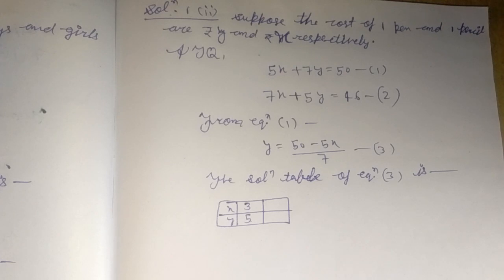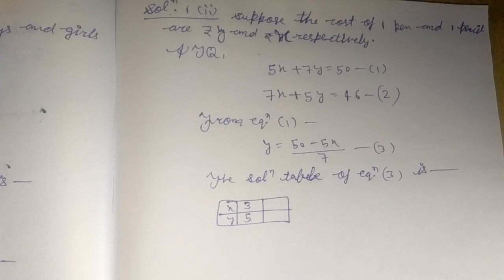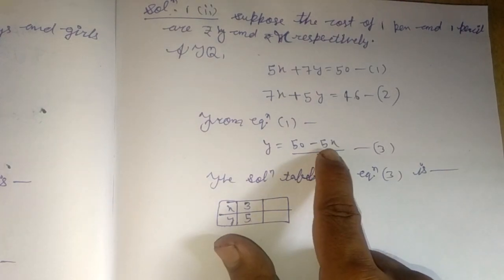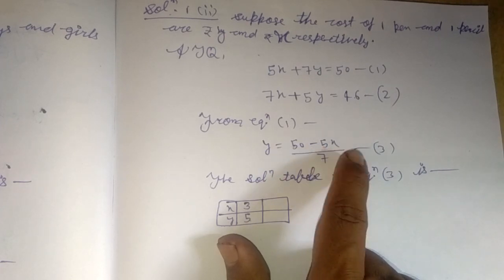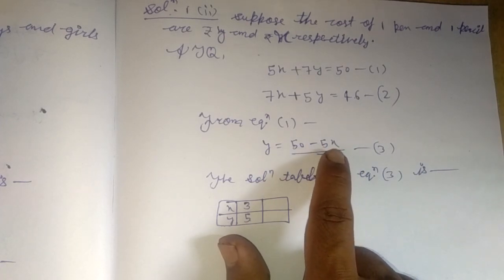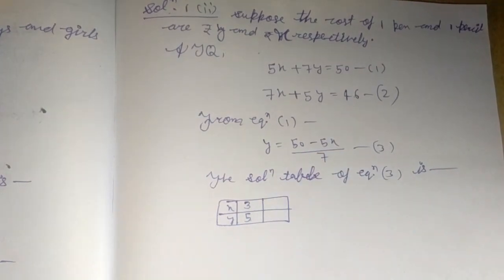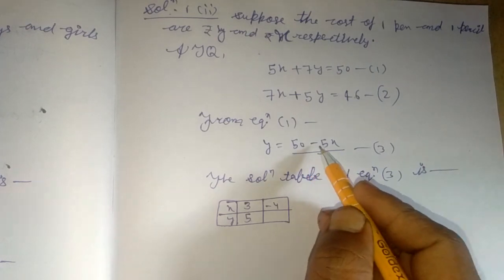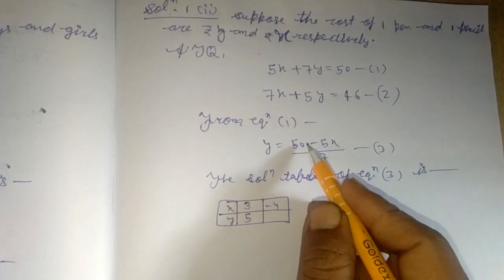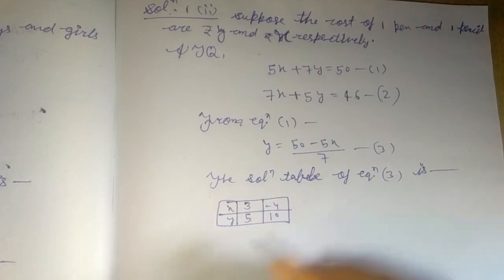Now put x is equal to -1, you will get 45. For x is equal to -2, 5 2s is 10, -10 plus 50 is 60. Put x is equal to -4, you will get 20, 20 plus 50 is 70, and y is equal to 10.